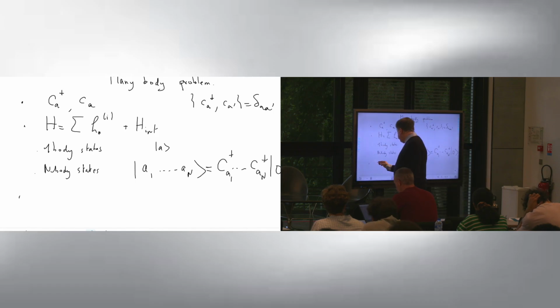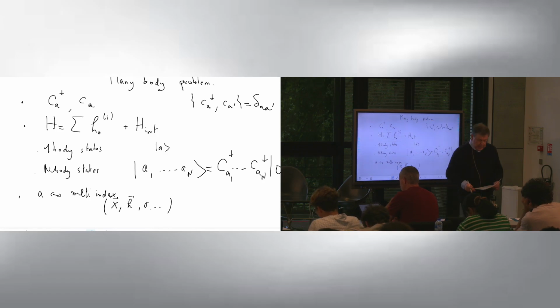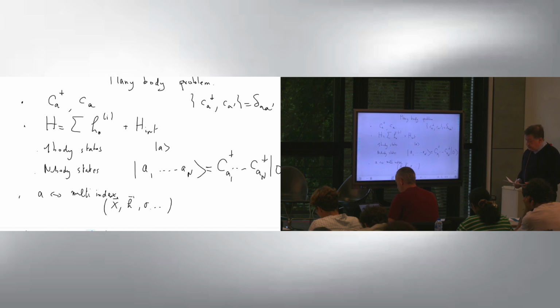In all these notations, α here is a multi-index, meaning it can be a position, a momentum, a spin, or anything, or any combination thereof.